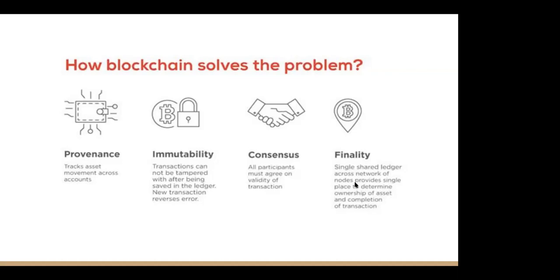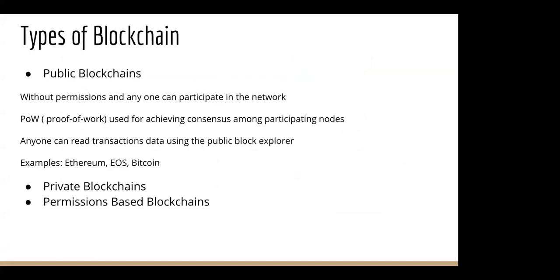And that's the finality. And the provenance, like anything you are doing on chain, you should be able to prove it on chain. And again, all the cryptography is being used here to prove that you have done something on chain. Now if we talk about types of blockchain, mostly what I have talked about are public blockchains, where there is no permission needed for you to be a part of the network.